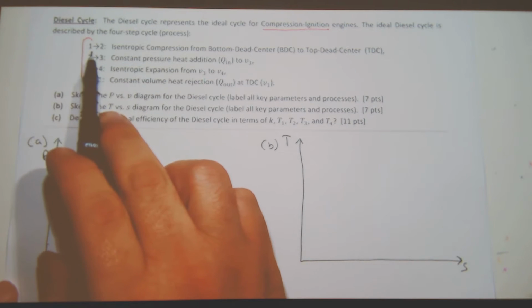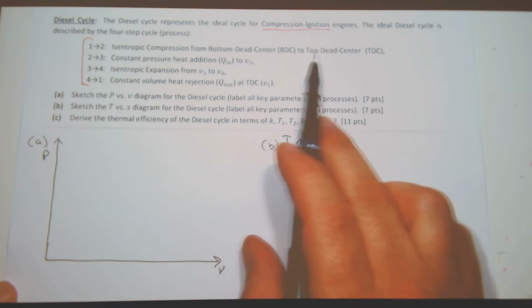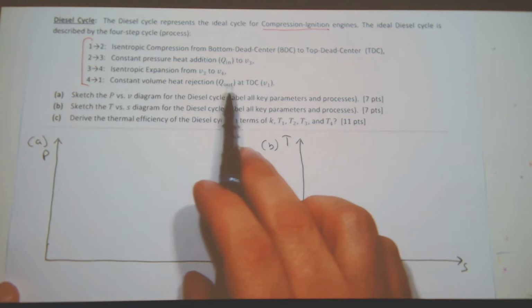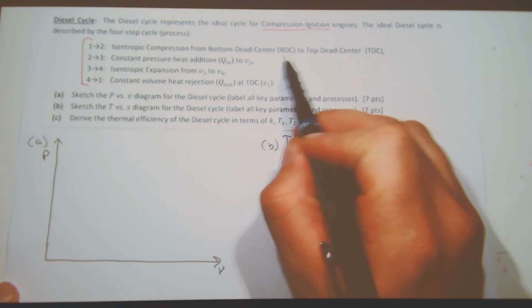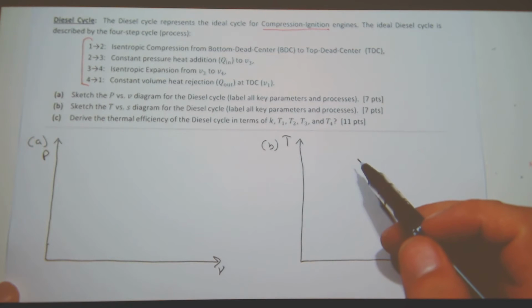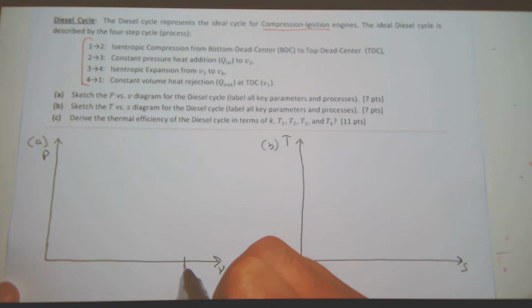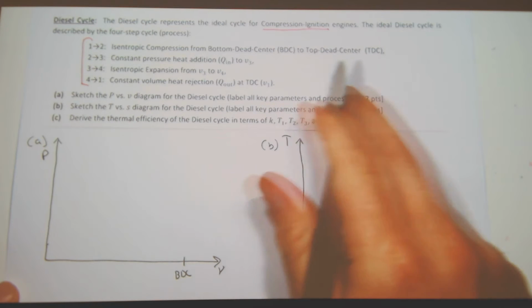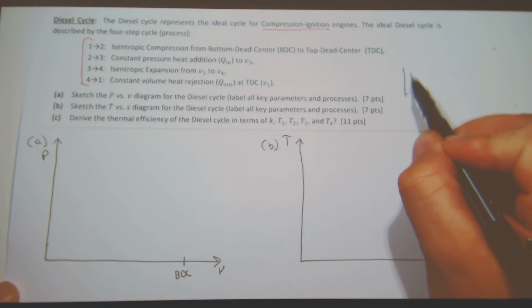And the process to go from state 1 to state 2 is isentropic compression from bottom dead center to top dead center. So if you look down a little bit more, bottom dead center represents maximum volume of your gas power piston system. So here's my bottom dead center, and I have compression to top dead center. And so I can just go over here, my piston system, just as an example.